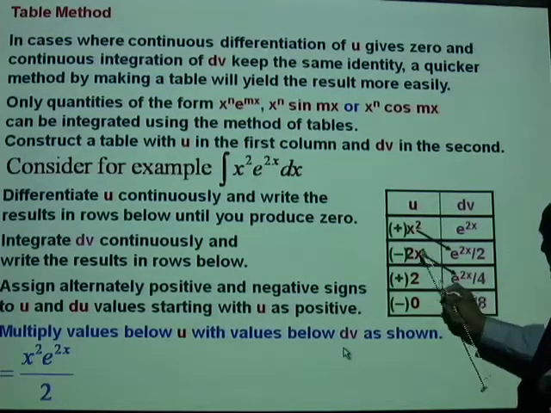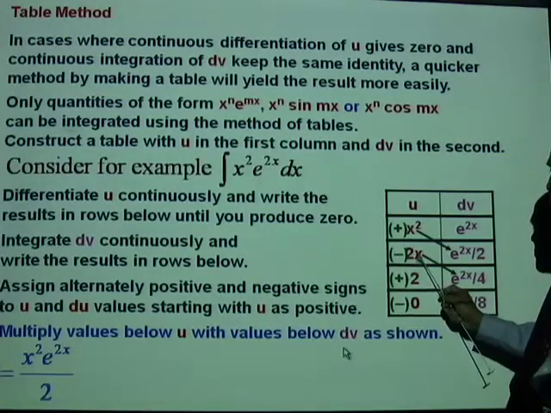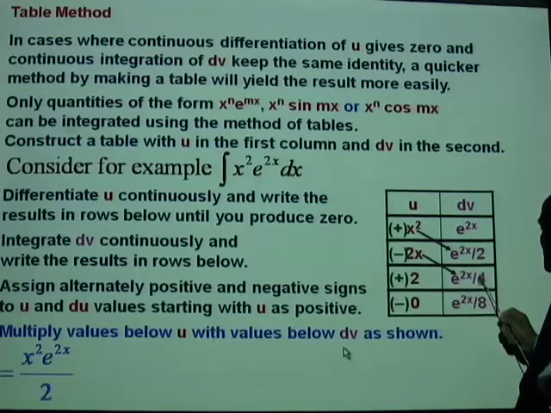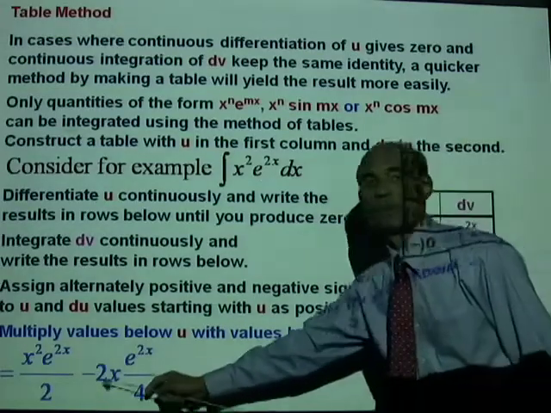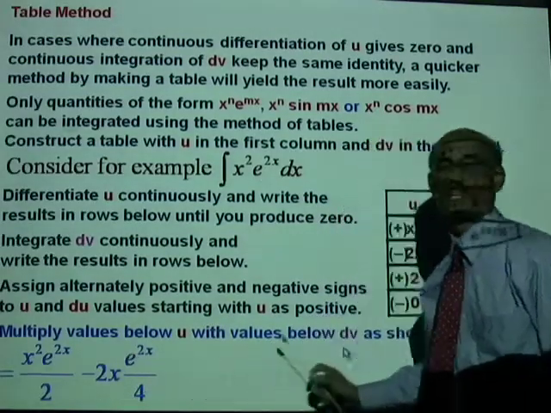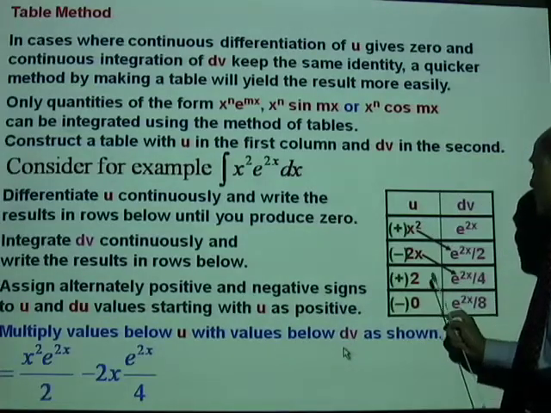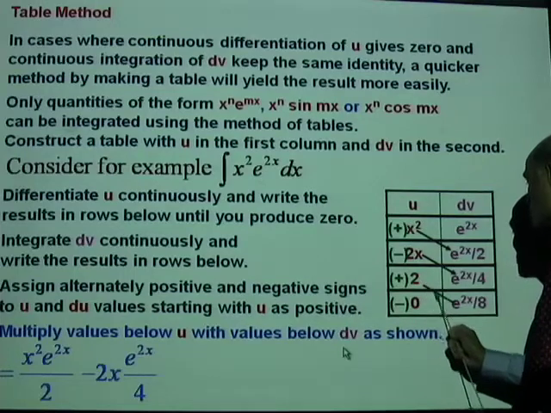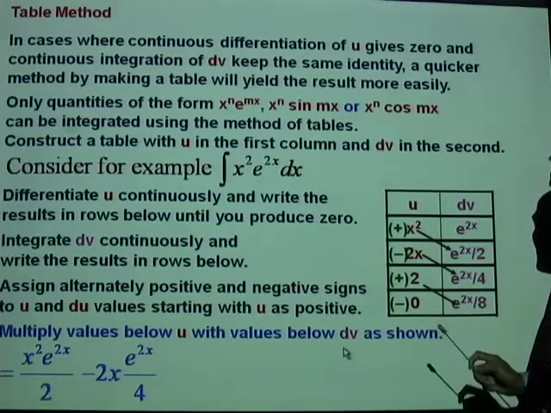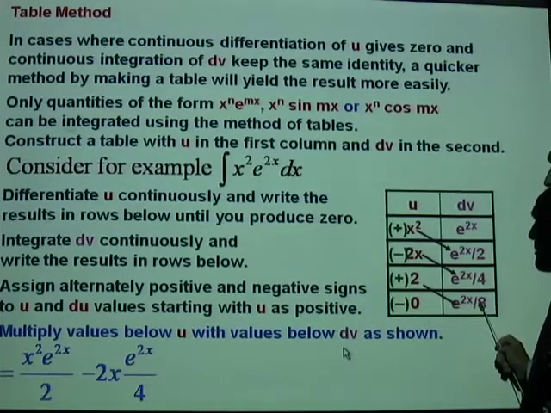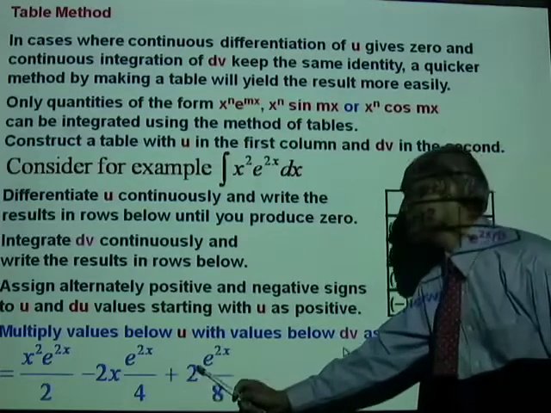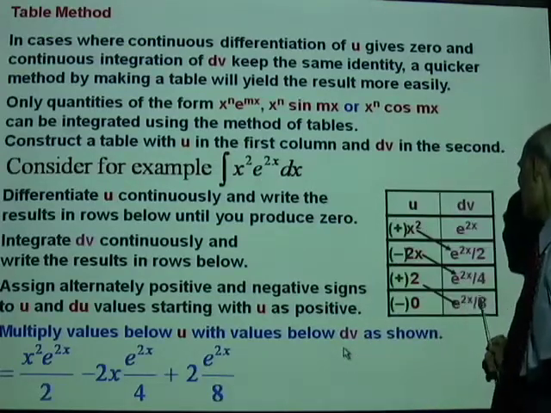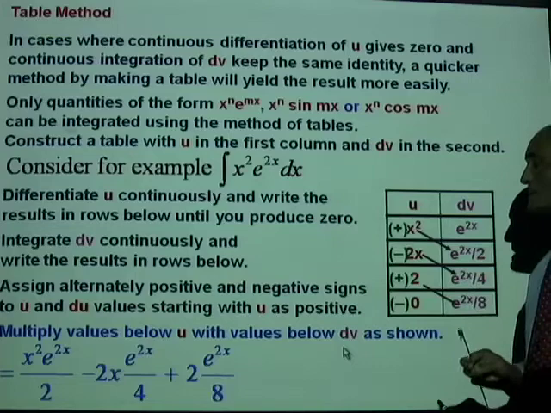That is minus 2x e to the power of 2x divided by 4. And the next one is 2 multiplied by e to the power of 2x divided by 8, so that will be plus 2 e to the power of 2x divided by 8.